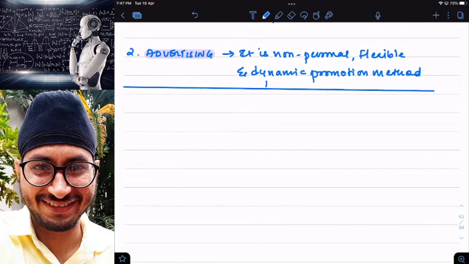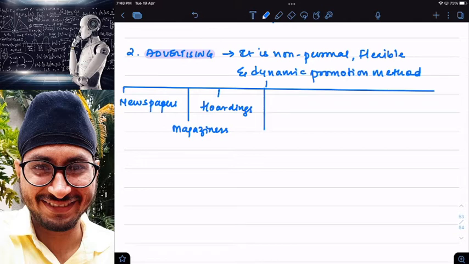I can do advertisement using newspapers. I can use magazines, hoardings, pamphlets, and display boards.